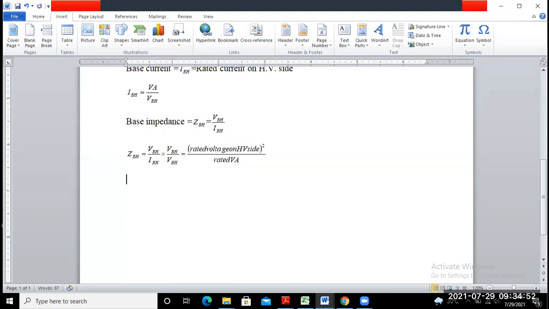So this voltage is converted into kilovolt whole square, and this one is converted into MVA, since multiplying by 10 to the power 6 gives MVA.